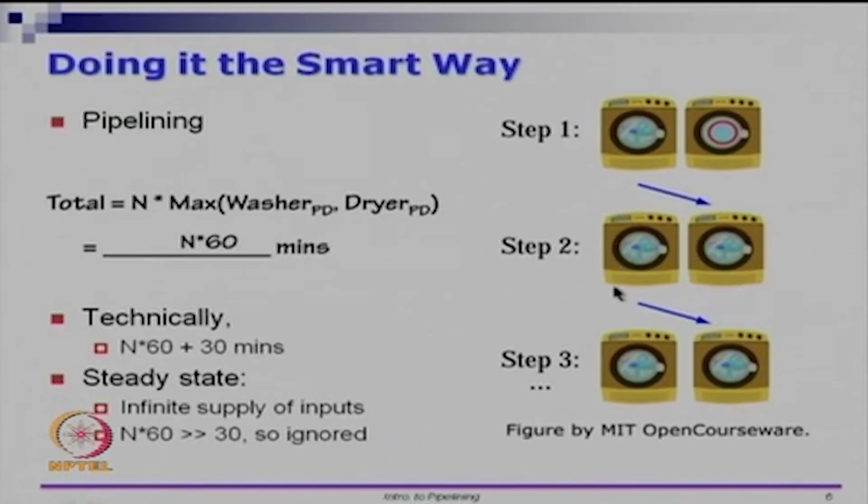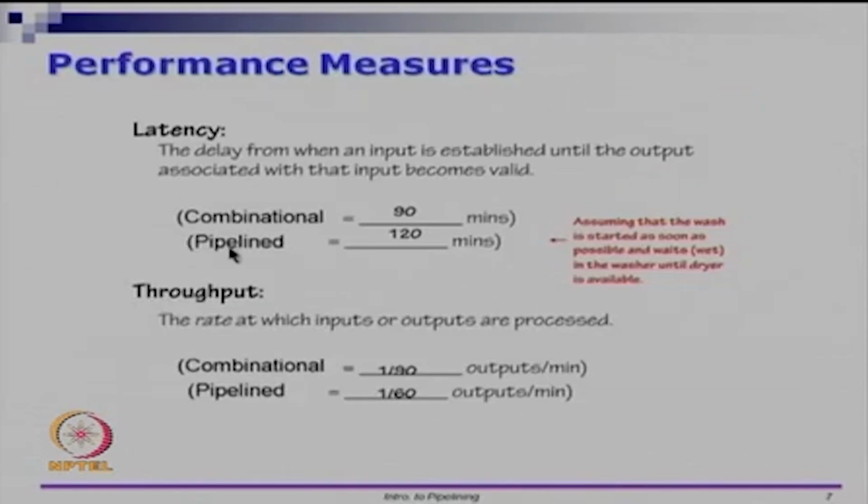When I have done that, then this wash will actually get over in 30 minutes itself, but we are waiting for another 30 minutes so that the dryer is ready. So, I have already spent 60 minutes in some sense, for 30 minutes for washing and 30 minutes for waiting for the dryer, and then another 60 minutes for drying. So, which means the latency in the pipeline setup requires 120 minutes.